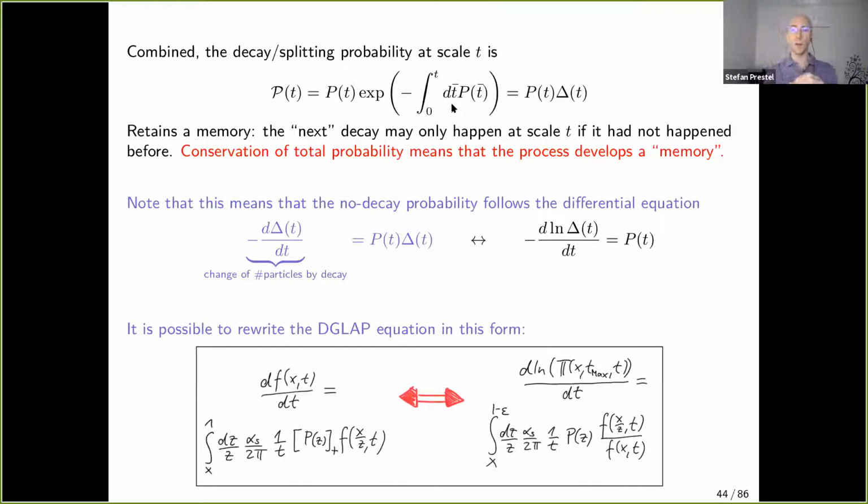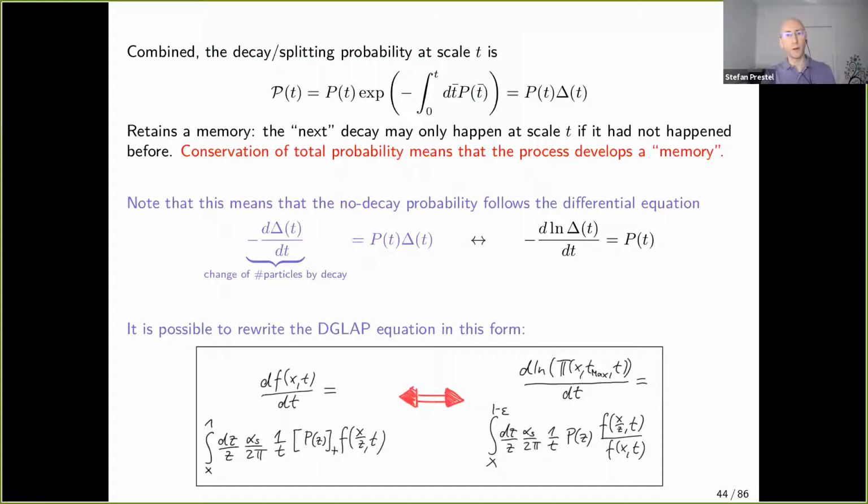In the following, I'll write these exponentials mostly as Delta of t. If Delta is written in terms of two arguments, what this means is typically that there are both upper and lower bounds specified. Here I've just not specified the lower bound because I was lazy.